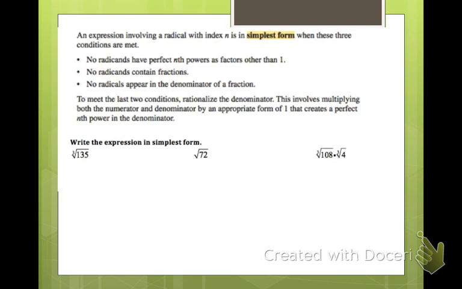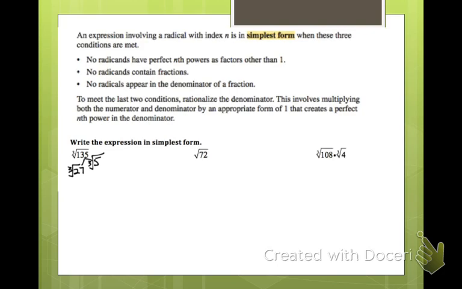So we have the third root of 135. 135 is not an even third root, but like we do with square roots, let's break it down. We know that it can divide by 5, and 135 divided by 5 is 27. So this is the same thing as the third root of 27 times the third root of 5.